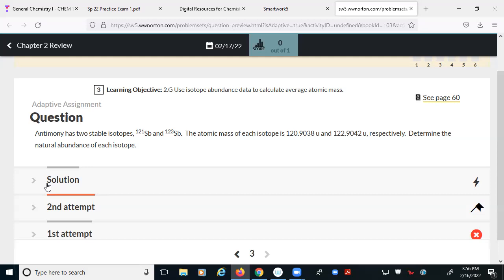What you're being asked to do is piece together what's missing from the puzzle. If I look at the average mass of antimony, which I can get off the periodic table, it is 121.76.